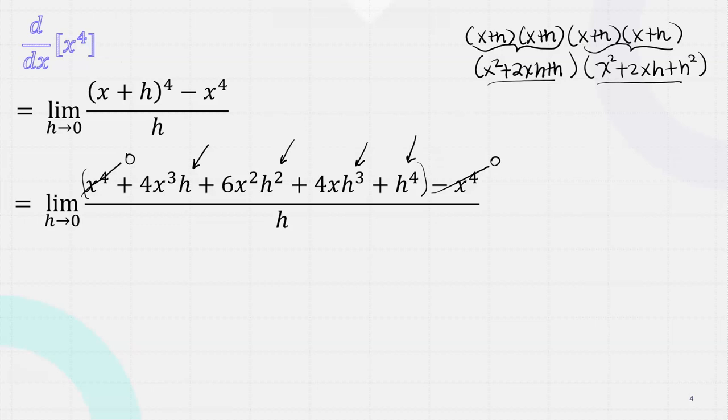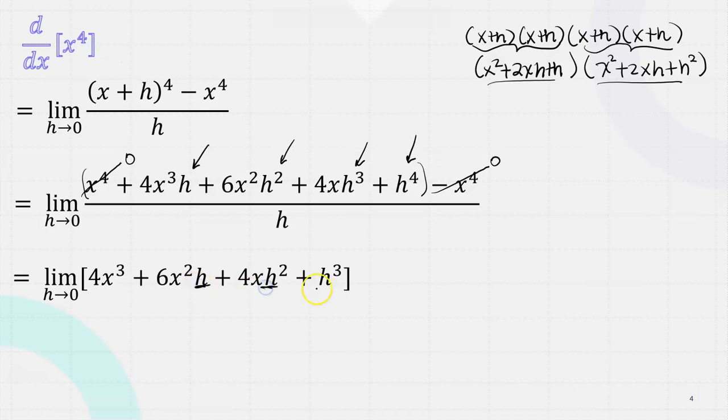So when you take everything and divide it by h, that first h will be gone, but every other term after that will still have an h. So when h is approaching 0, this goes to 0, this goes to 0, that goes to 0.